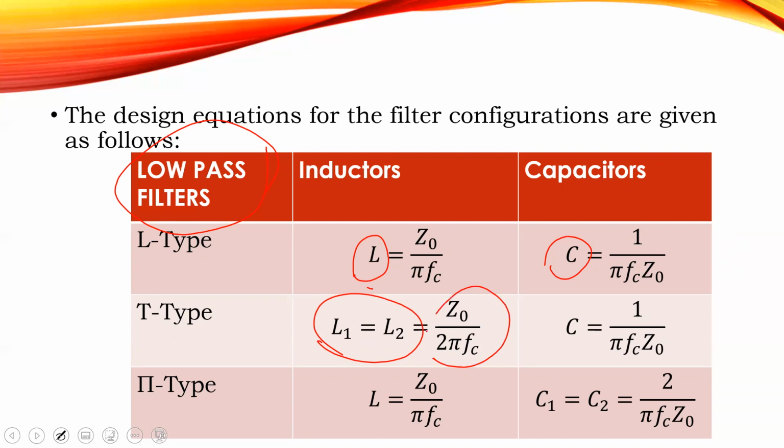You would have L over 2. We understand how to use this table now? And the C would remain.